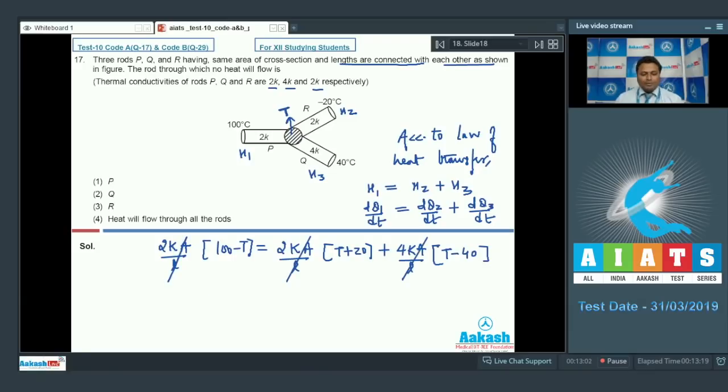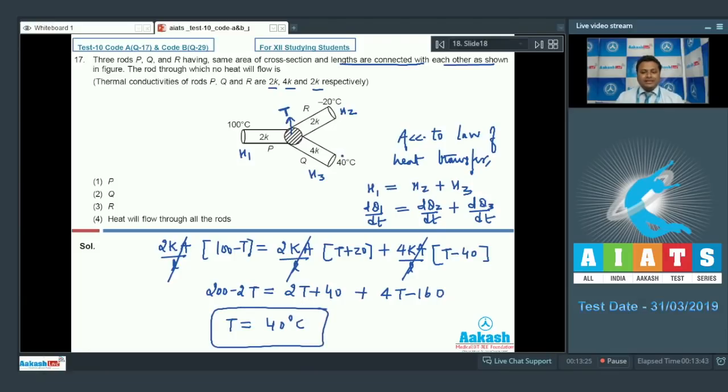KA upon L will be cancelled out, and ultimately we will get 200 minus 2T equals 2T plus 40 plus 4T minus 160, and after solving we will get the temperature of the junction T as 40 degrees centigrade.